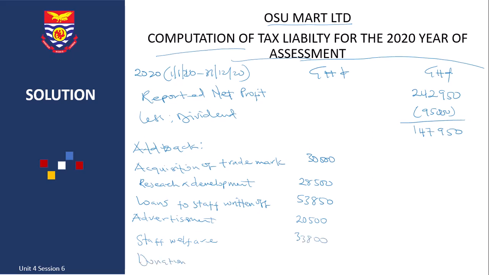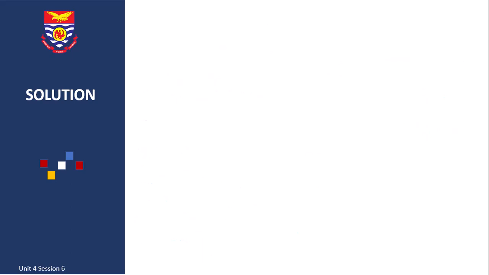Donations and subscription. Under that, we said we are going to disallow the one in respect of goods given gratis to custom officials. The amount is 13,200.